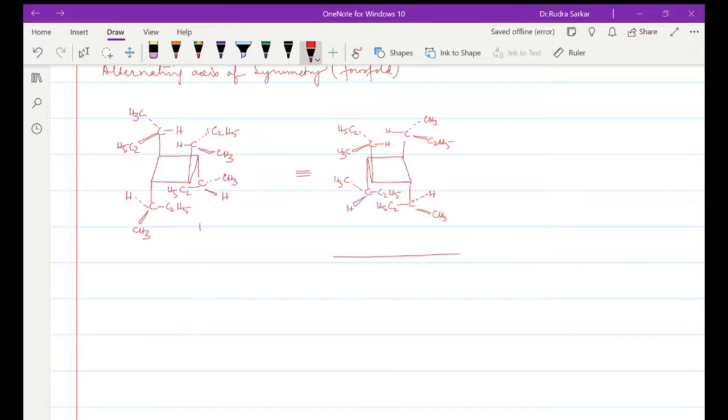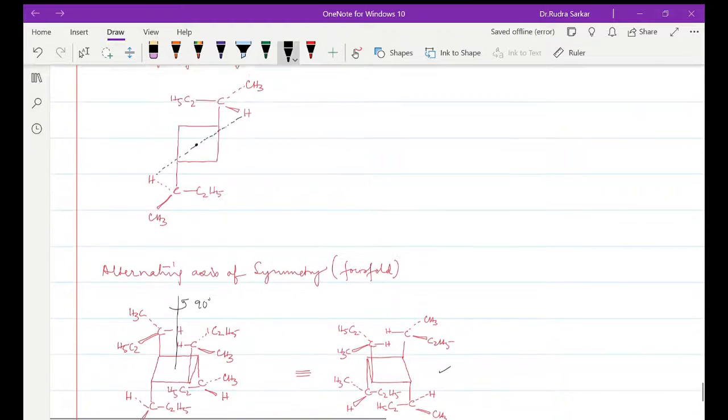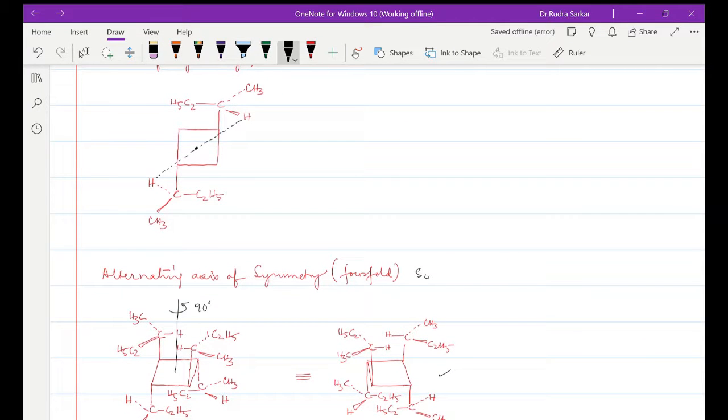So if I say this molecule is A, then what I will get over here is going to be the molecule A. So this is what is meant by the alternating axis of symmetry. Since you are making a rotation over here by 90° and then reflecting this molecule over this mirror plane, the alternating axis of symmetry over here is now the S4.